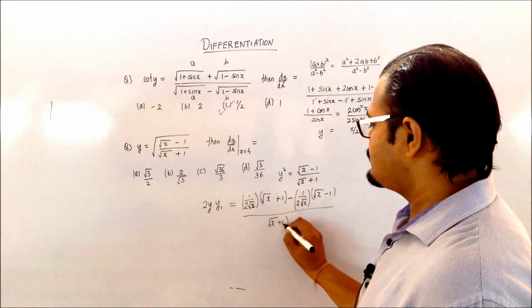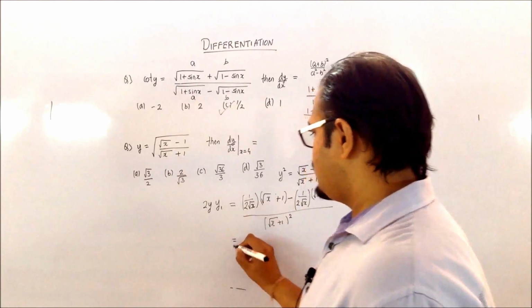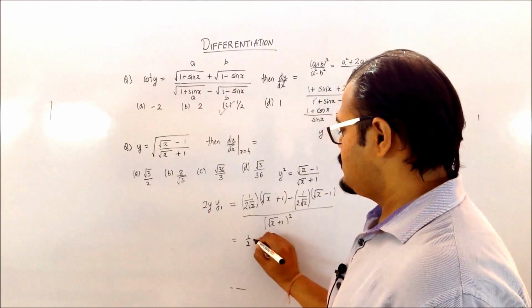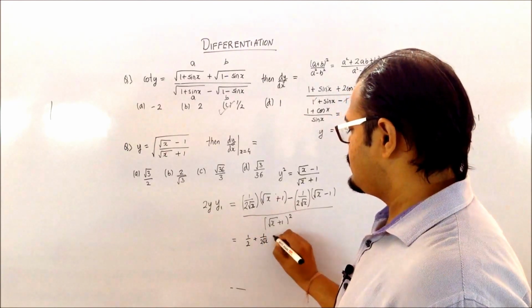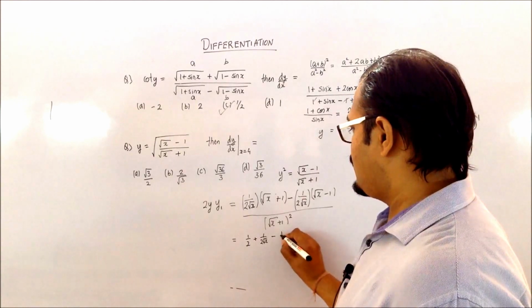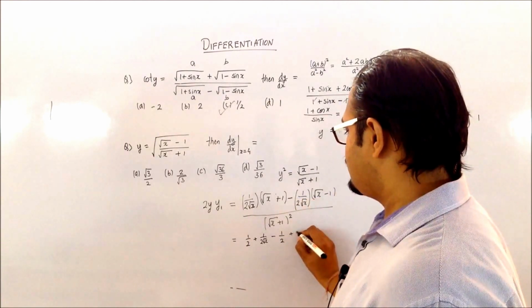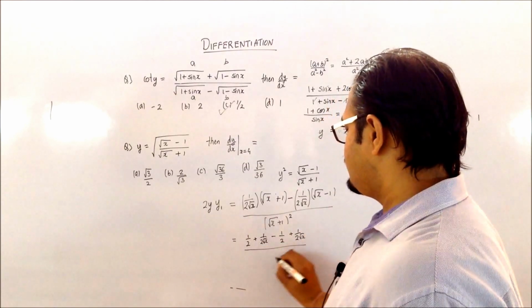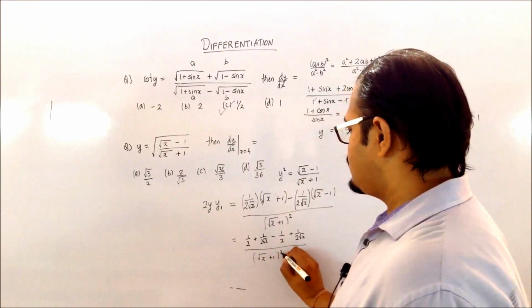If you just simplify this part, you will get 1 by 2 plus 1 by 2 root x, minus 1 by 2 minus minus plus 1 by 2 root x, this thing divided by (root x plus 1) the whole square.